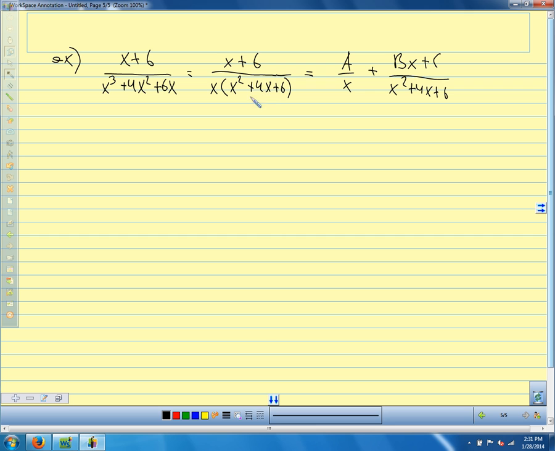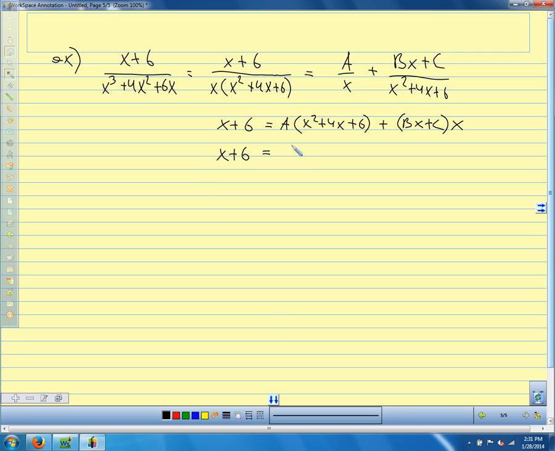Multiply by the least common denominator here, and we get x plus 6 equals, what does a get multiplied by when I multiply by my least common denominator? x squared plus 4x plus 6. And then the bx plus c ends up being multiplied, these cancel, multiplied by x. I'm going to multiply this all out, and this one turns out nice and easy.